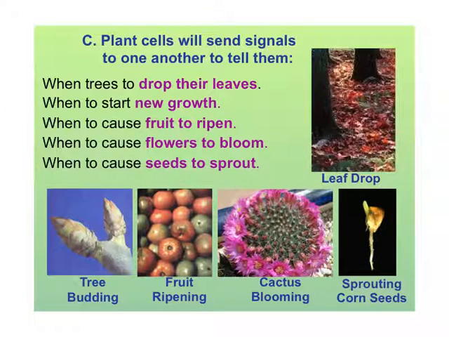Plants have chemical signals inside of their cells that tell them when to do certain things. So like to drop their leaves, or to start new growth, or to ripen the fruit, or for the flowers to bloom, or when a seed should sprout.